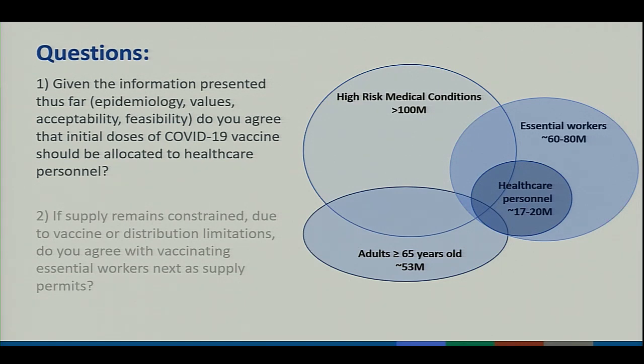The more complex we make it up front, the harder it's going to be to scale up quickly. So I am supportive of prioritizing populations where we can actually implement the vaccine, assuming, again, excellent benefit-risk balance in our favor.